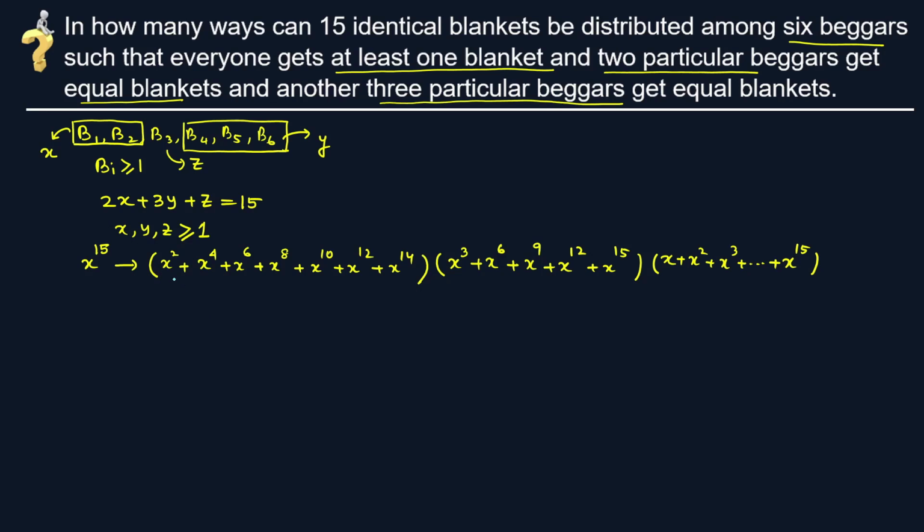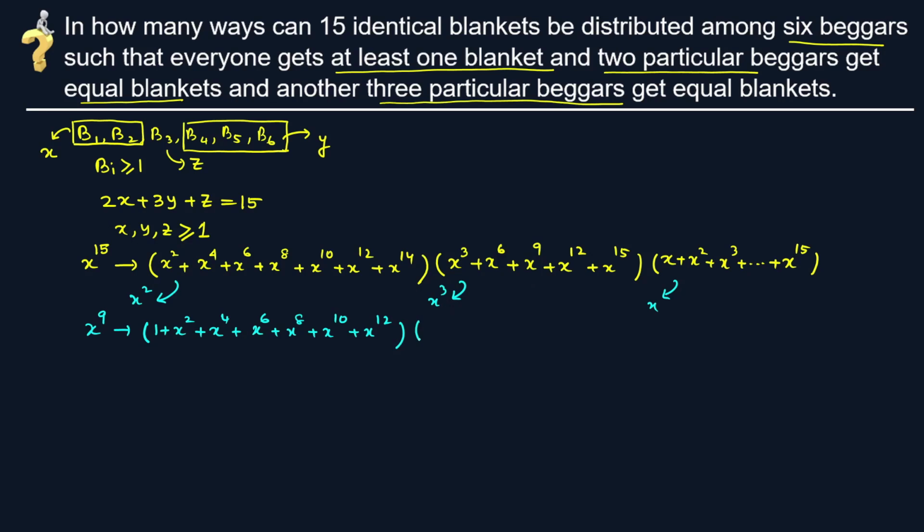So let me take out x square from here, x cube from here, and x from here. So we already got x to the power 6, so we actually need x to the power 9. The coefficient of x to the power 9 in the expansion of 1 plus x square plus x to the power 4, x to the power 6, x to the power 8, x to the power 10, and x to the power 12, right?